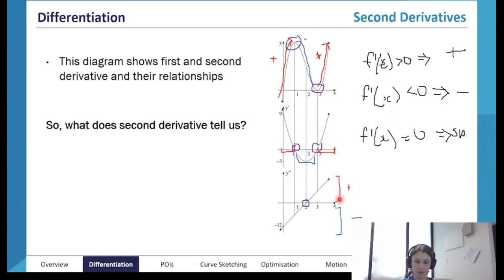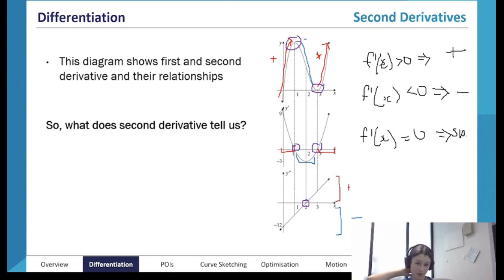So when the value of the second derivative is positive, it means that the gradient or the first derivative function is increasing. And then a similar thing here. So in this section where the second derivative is negative, the first derivative is decreasing. Same thing again, where the first derivative has a stationary point, the second derivative is going to have an x-intercept, and this is exactly what we saw up here.